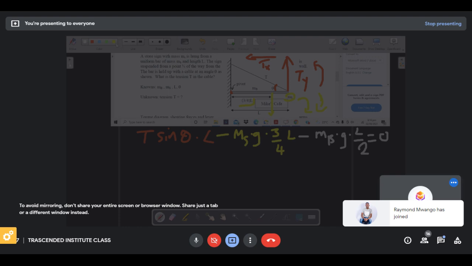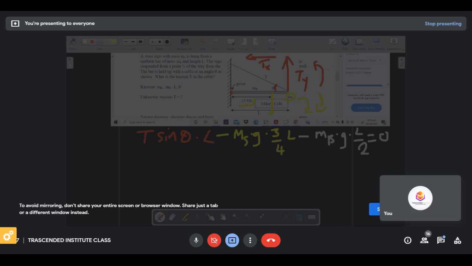Our goal is to determine the value of the tension, this T. You've seen that L is common, so you can cancel it.